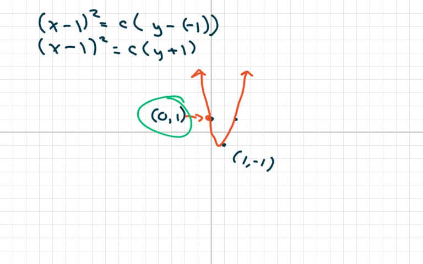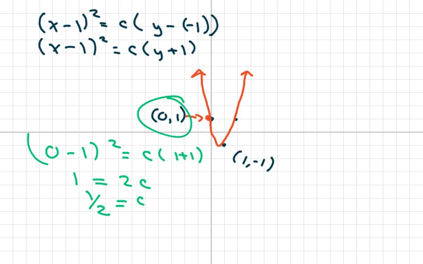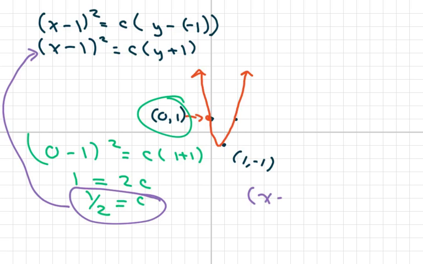So I'm going to get, this is your x, 0 minus 1 squared equals c times 1 plus 1. So we get 1, because negative 1 squared is just 1, equals 2c. So c equals 1/2. And we're just going to plug this back in to our original equation. So you get x minus 1 squared equals 1/2 times y plus 1.